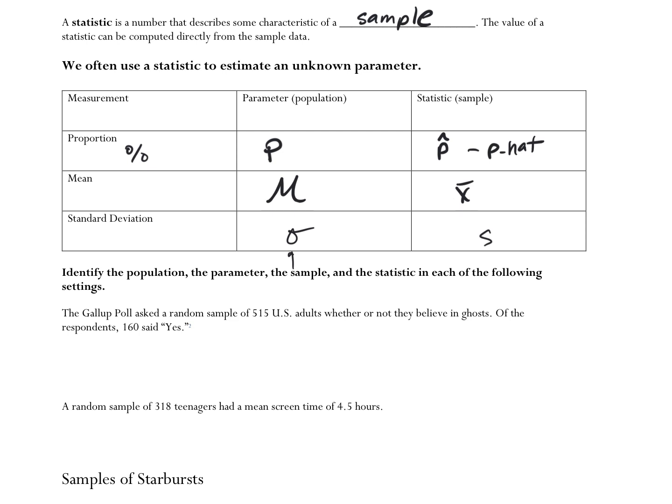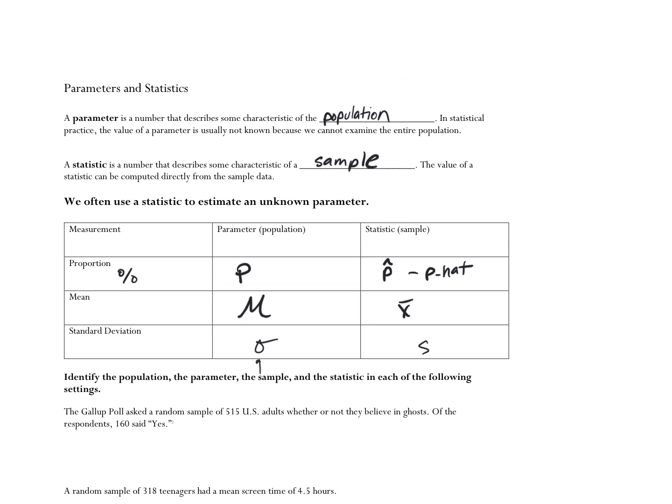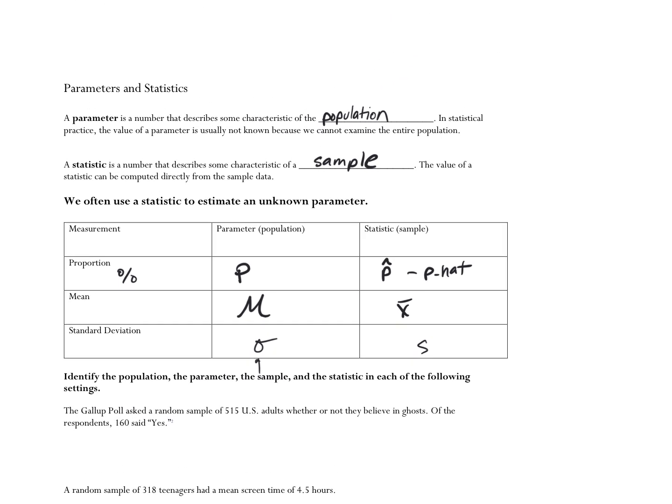Are you with me that the percent of that bin that is red is always the same number? Of the entire bin, the percent of the population that was red would always be the same number. So something that's also worth noting is that a parameter is constant.